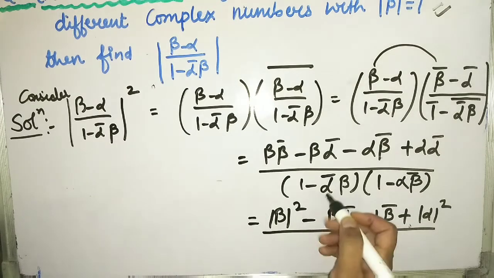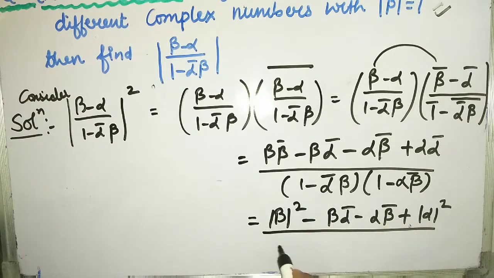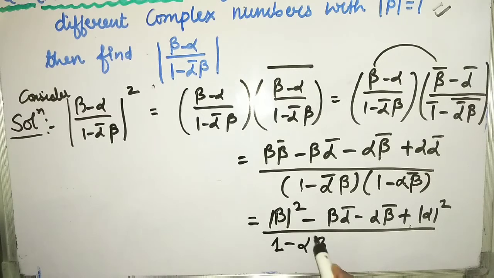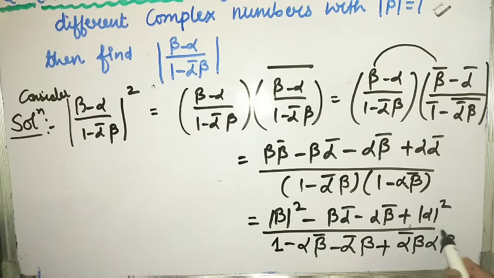Right? Now come to the denominator. 1 into 1 is 1, minus alpha beta conjugate minus alpha conjugate beta, and plus alpha conjugate beta alpha beta conjugate. Okay, now we are on the verge of the solution. We will get our solution within 2 or 3 seconds.